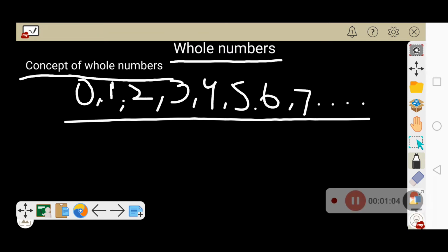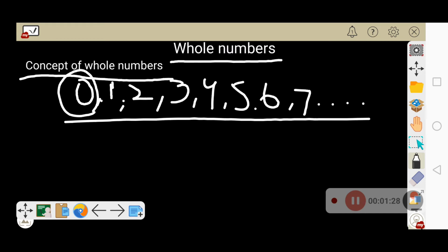You must be thinking that if they are simple numbers, then why do we call them whole numbers? There are two reasons behind it. The very first reason is that when we talk about simple numbers, we don't include 0 regularly. We don't start our counting with 0.